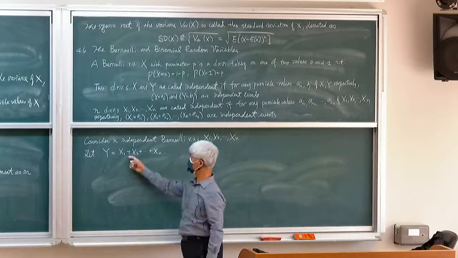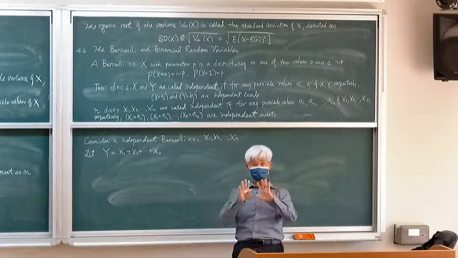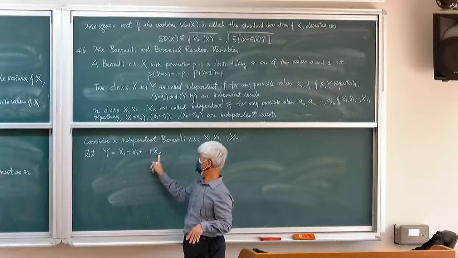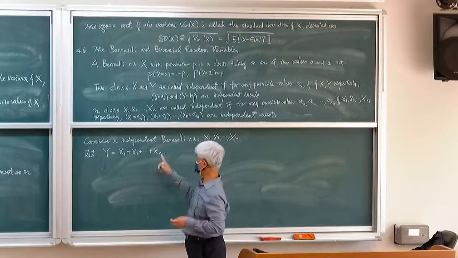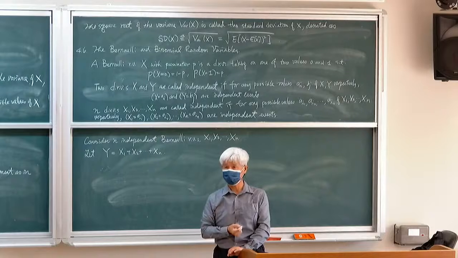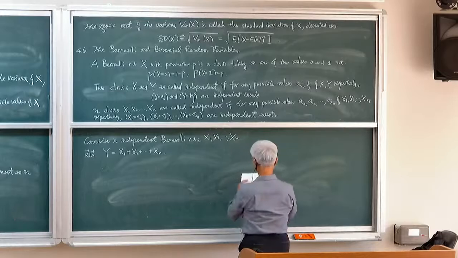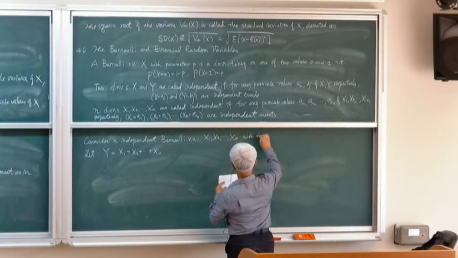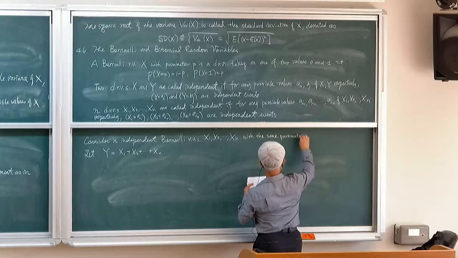Now we have to see, because this involves n different random variables. They are different random variables, even though each is a Bernoulli random variable, which means that each takes one of two values, 0 and 1, with the same parameter p.